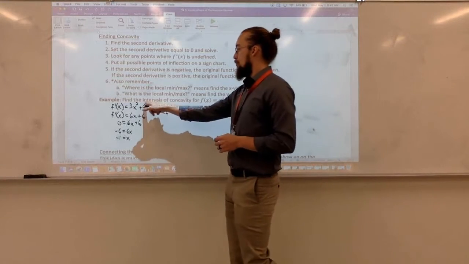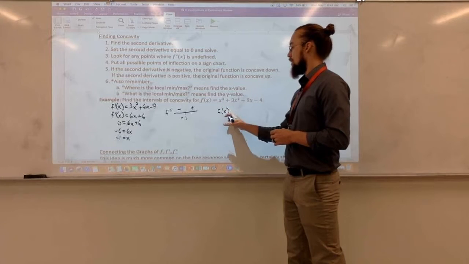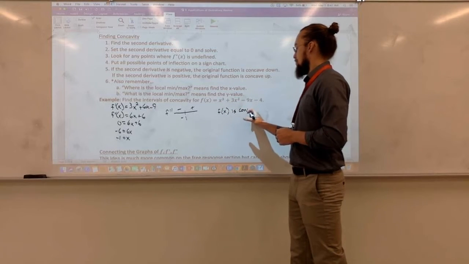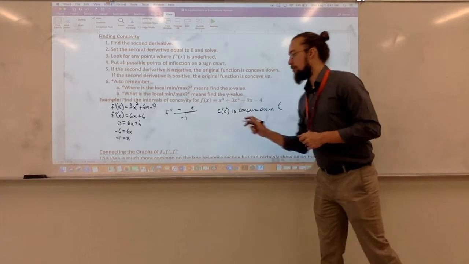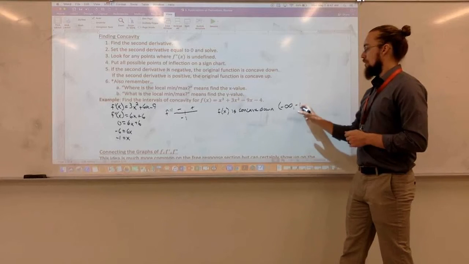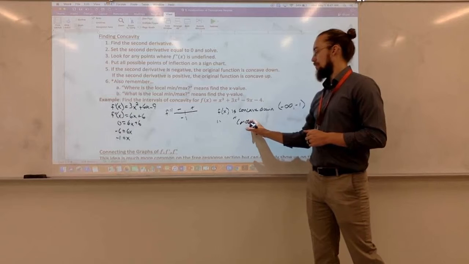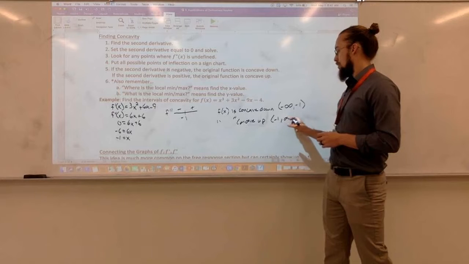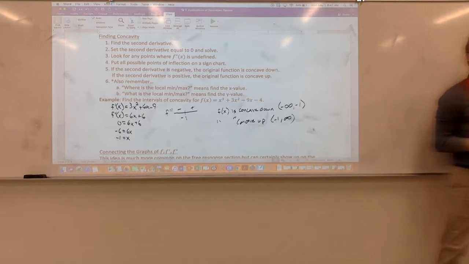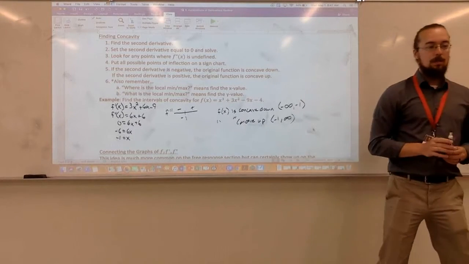Then, if I want to write the intervals of concavity, I would say f of x is concave down on the interval negative infinity to negative 1, and concave up on the interval negative 1 to infinity. We okay with that?